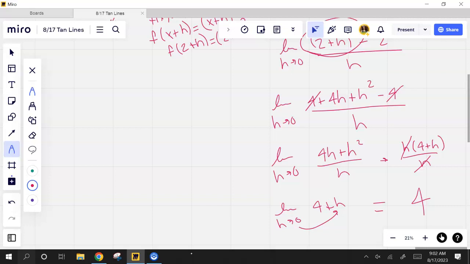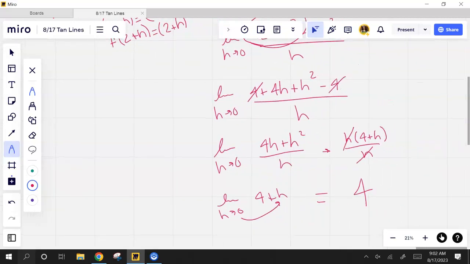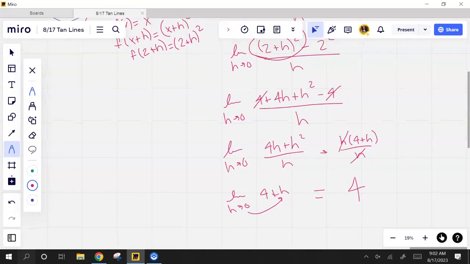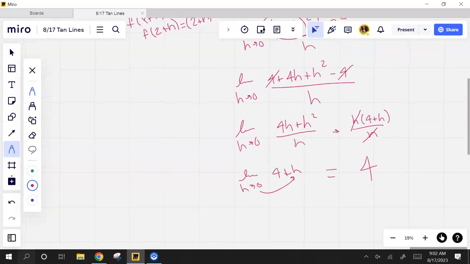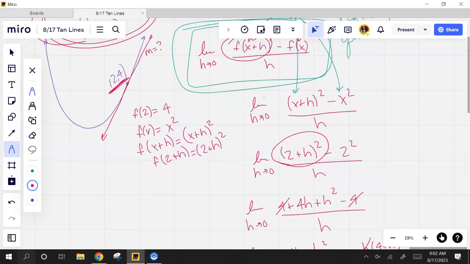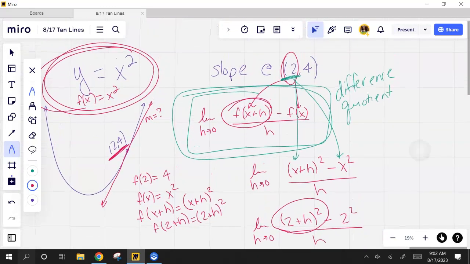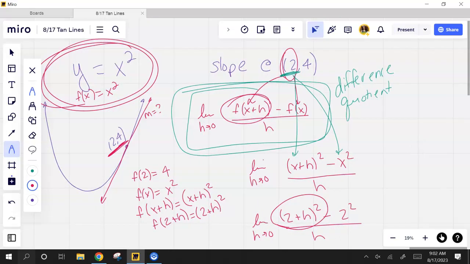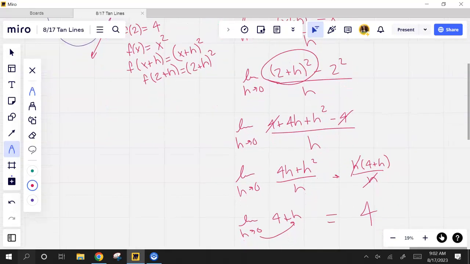Okay. So that was a lot of work, but yeah, go ahead, Robert. There would be a different equation in here. Yes. I would have to keep manipulating it until I could get it to a point of plugging in 0 for h.